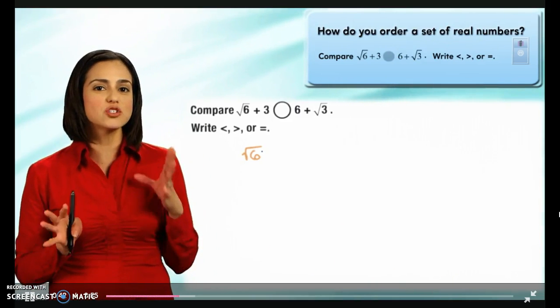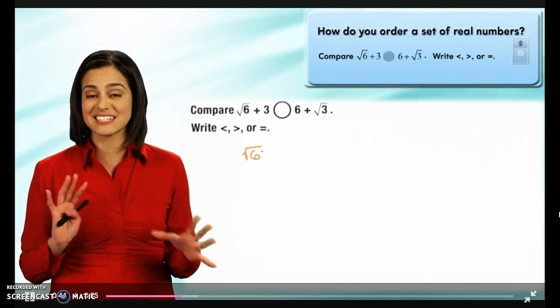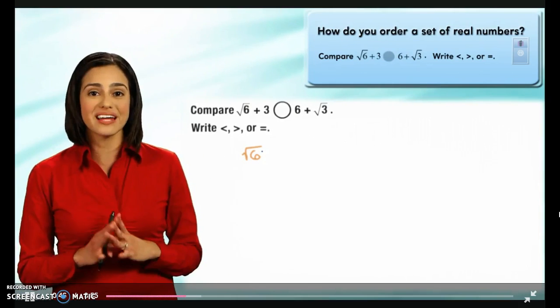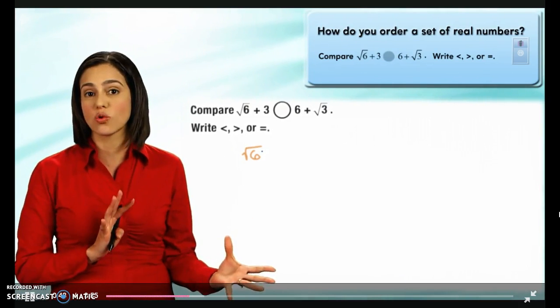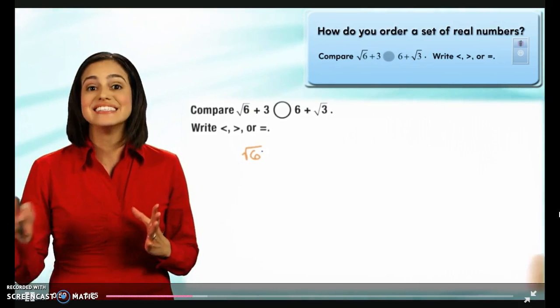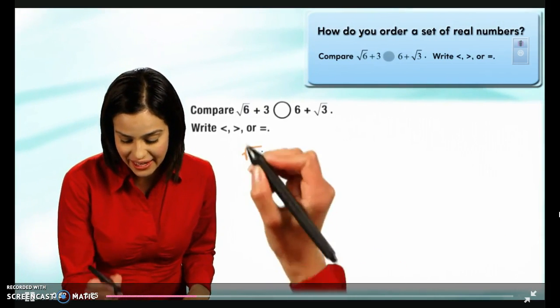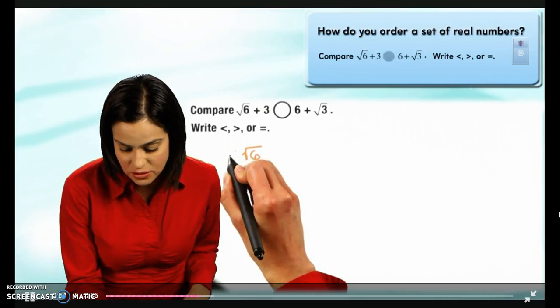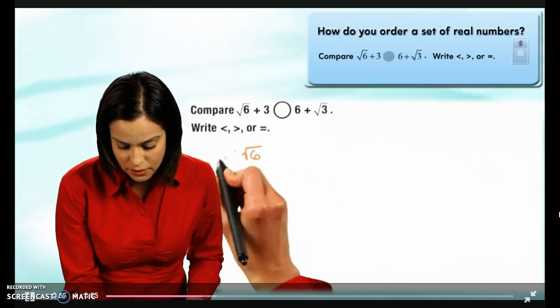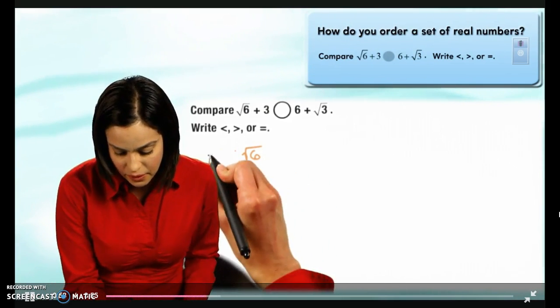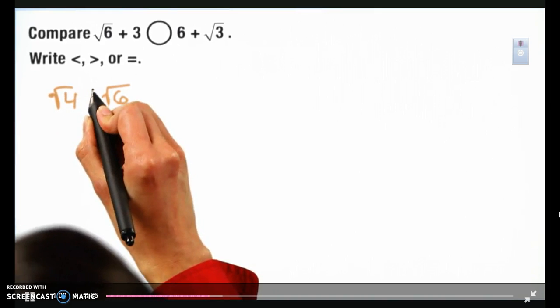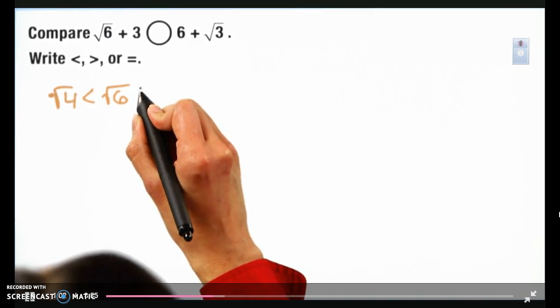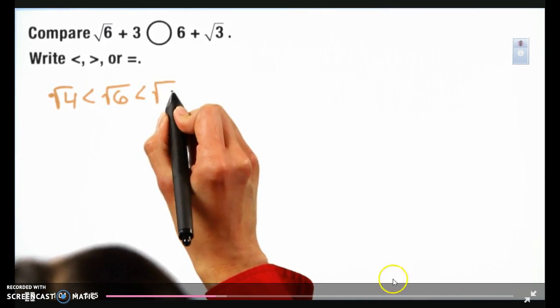Now, what perfect square do we know that 6 is between? We know that 6 is between the perfect squares 4 and 9. So let's use that as our comparison. So we have that square root of 4 is less than square root of 6, and square root of 6 is less than square root of 9.